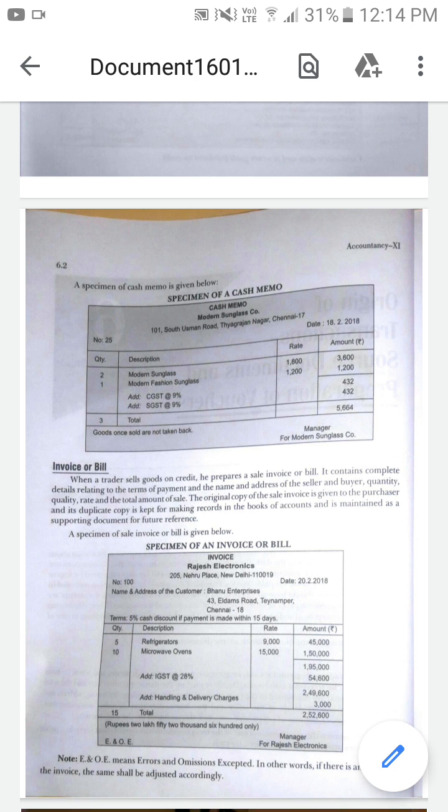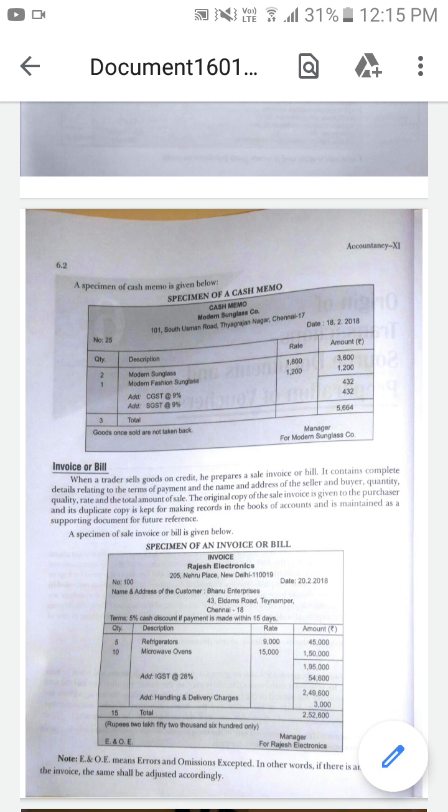CGST is called central goods and service tax, and SGST is called state goods and service tax. And when the supply of goods and services takes place between the states, it is called IGST, that is integrated goods and service tax. It is also levied by the central government. Understood?